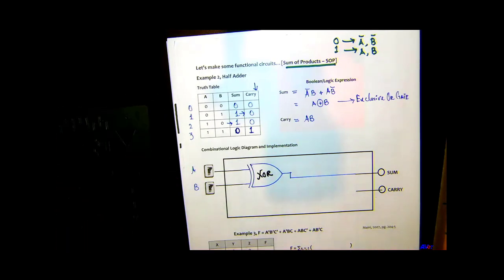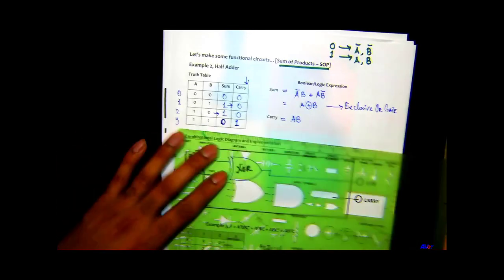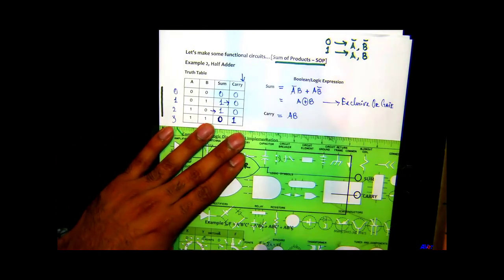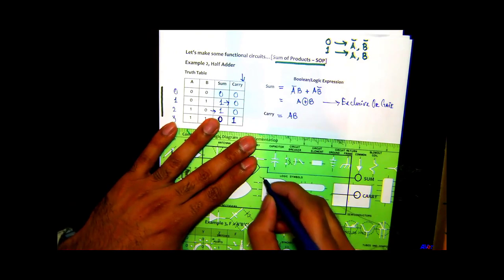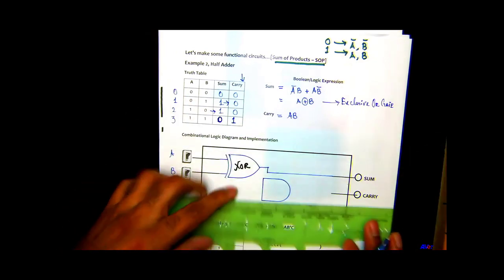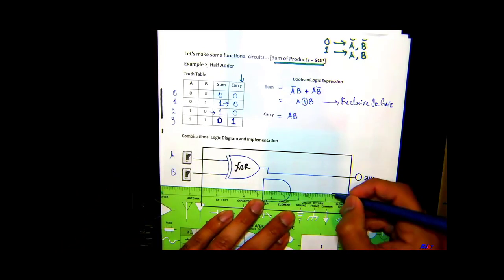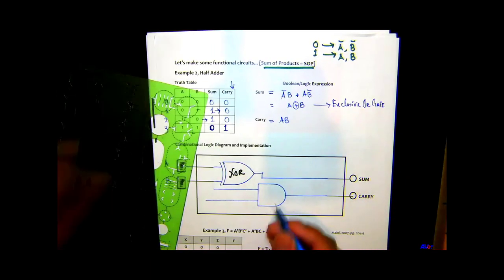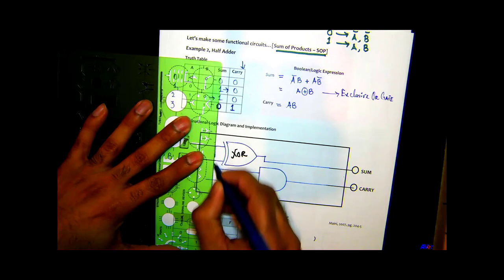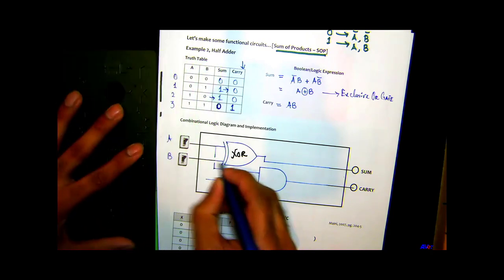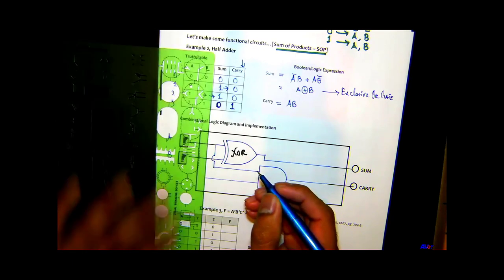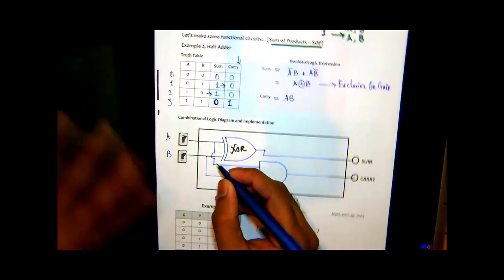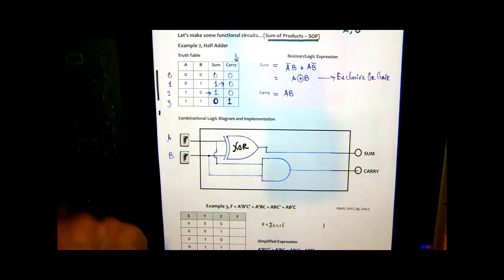And I need an AND gate for the carry. Those are connected to A and B. Okay, and this is an AND gate.